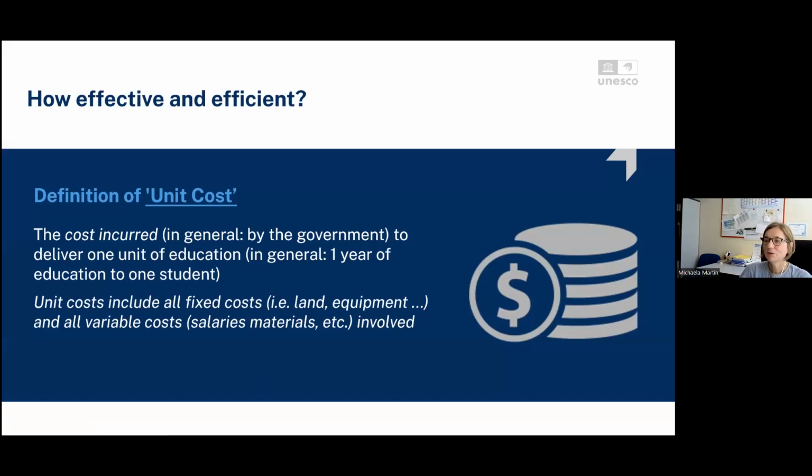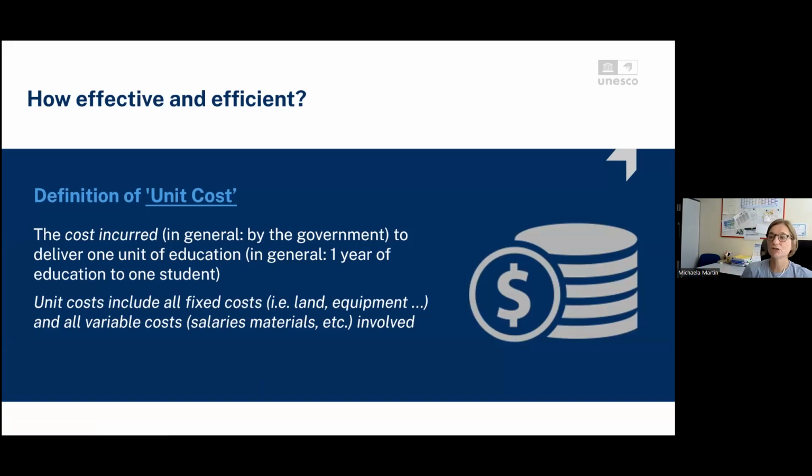So again here, the question: how is unit cost defined? I have already alerted you a little bit to the fact that calculating unit cost is not such a straightforward matter.